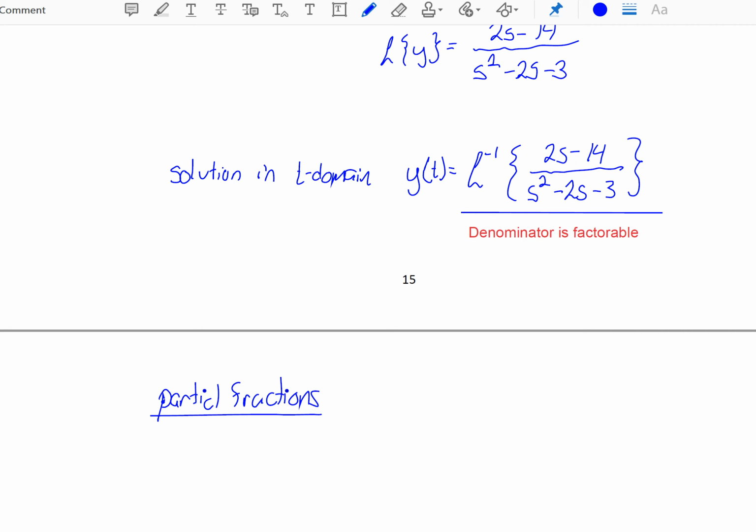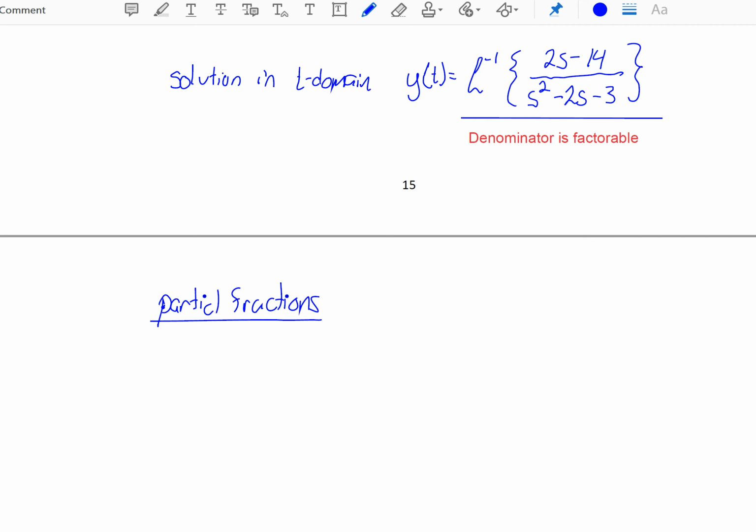So notice here, our numerator would stay the same. This would still be 2s minus 14. But notice the denominator can be factored as s plus 1 times s minus 3. And with partial fractions, our goal would be to write this as a over our first linear factor plus b over our second linear factor.